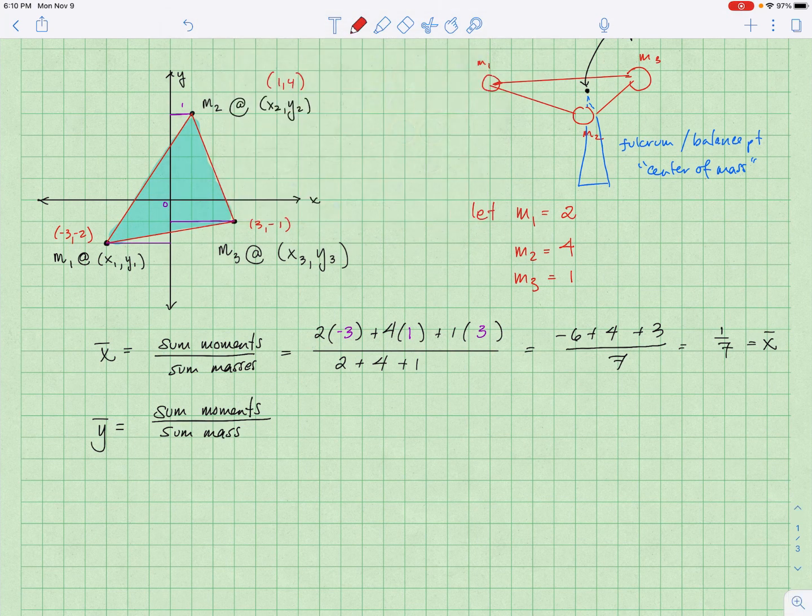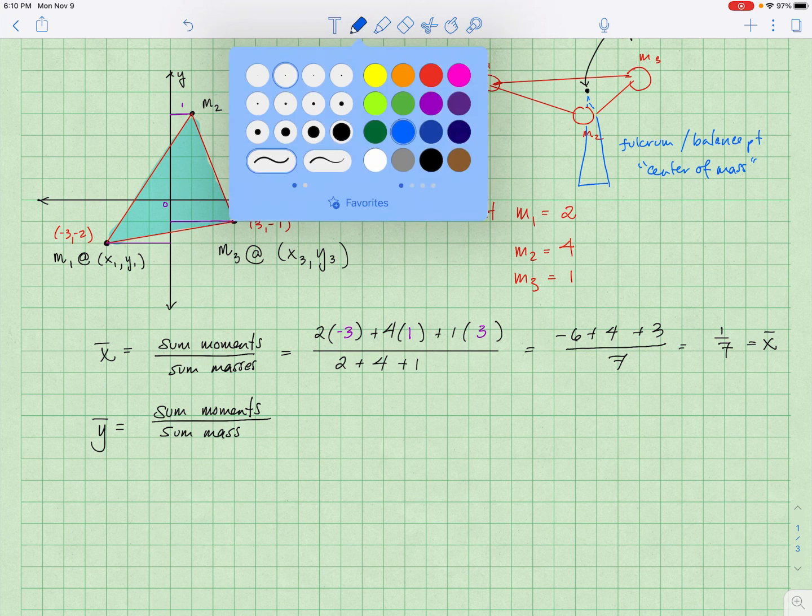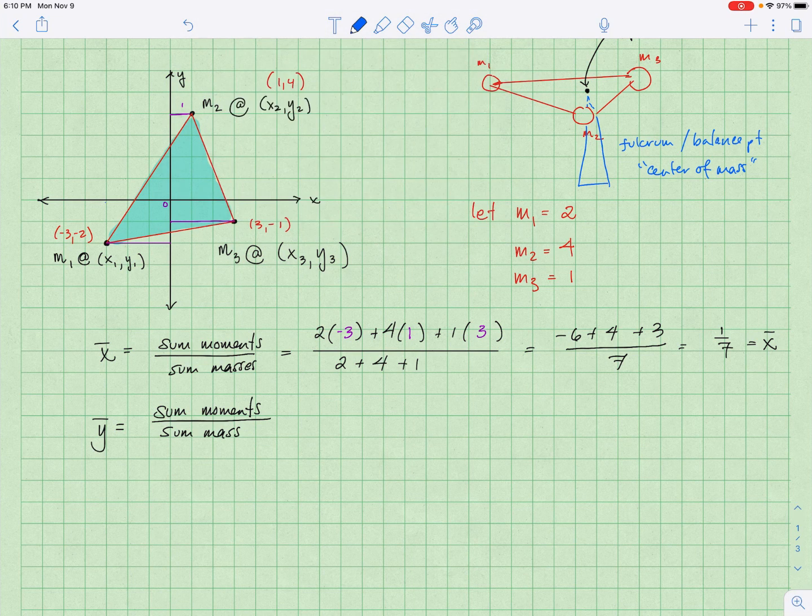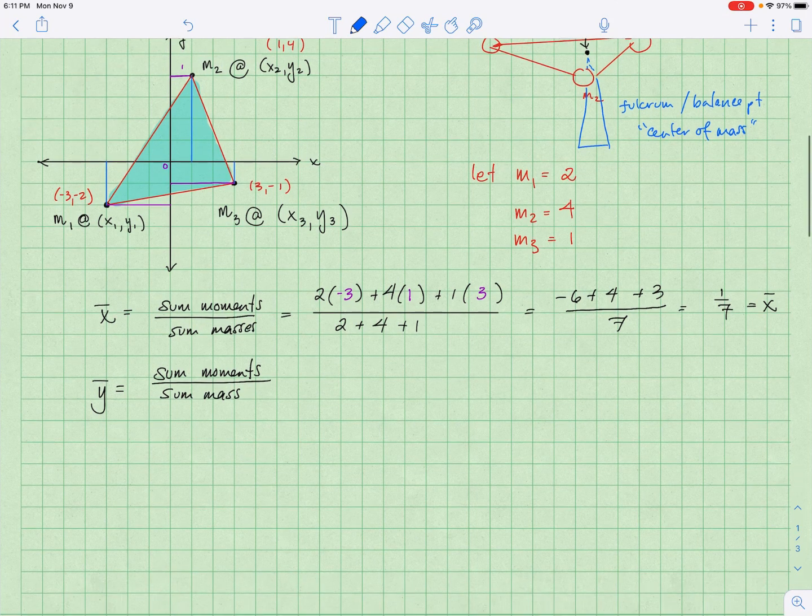Dark blue. So our first y value is -2. Our second y value is 4. And our third y value is -1, as indicated by those y values, location-wise.